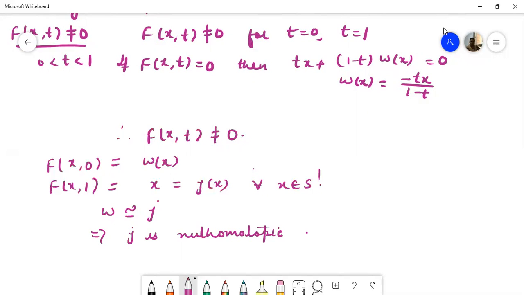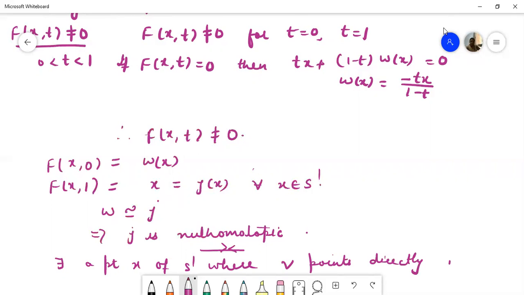But j cannot be null homotopic because we have proved earlier that the inclusion map from S¹ to R² minus 0 is not null homotopic. So this is a contradiction. So there exists a point x of S¹ where v points directly inwards. This completes the proof of one part.